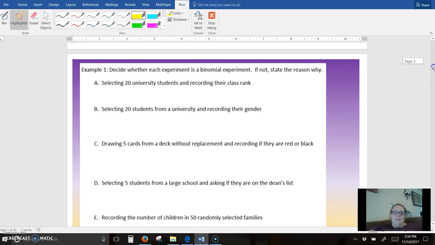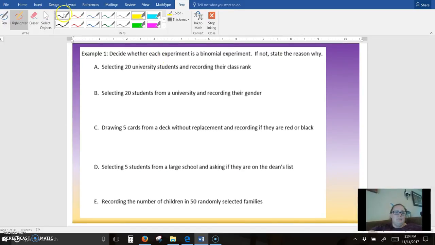All right. And so here we're just going to decide if this is a binomial experiment or not. We select 20 university students and record their class rank. And so this is not, because you can be a freshman, sophomore, junior, senior.